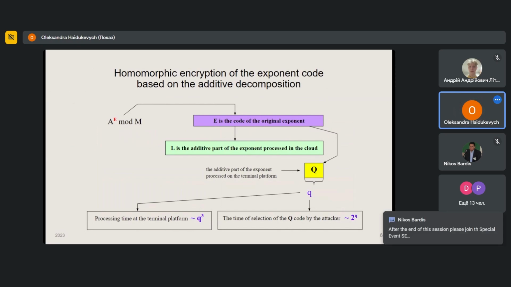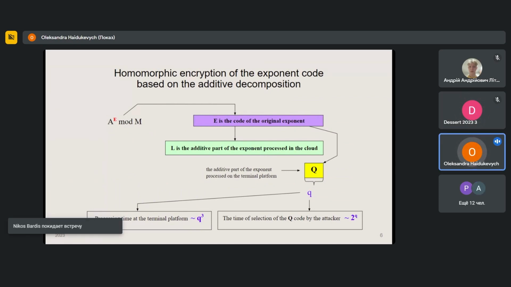Because modular exponentiation algorithms are sequential in nature, the additive component, referred to as Q, processed on the terminal microcontroller typically starts from the lower digits. Both the time efficiency and the level of security are influenced by the bit length of Q. In practical terms, the bit length is determined by the required security level for a specific application, which can in turn limit time efficiency. These factors constrain the possible values of component Q, potentially aiding attackers in their selection.